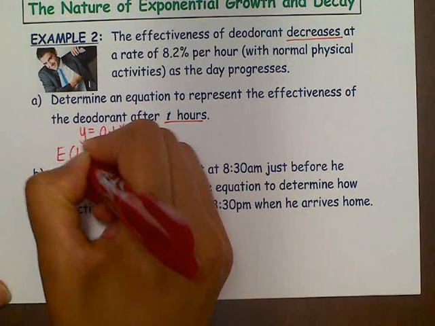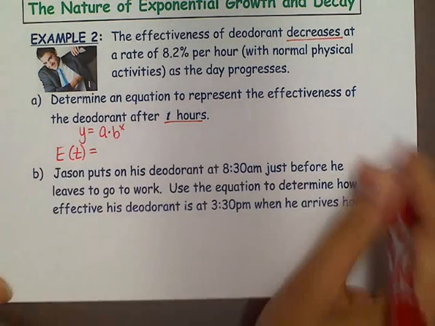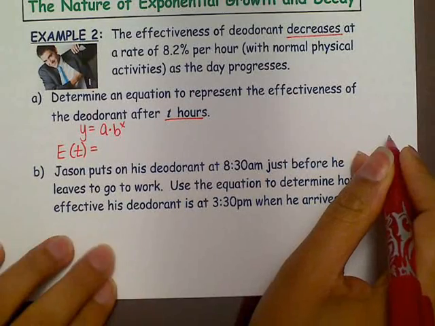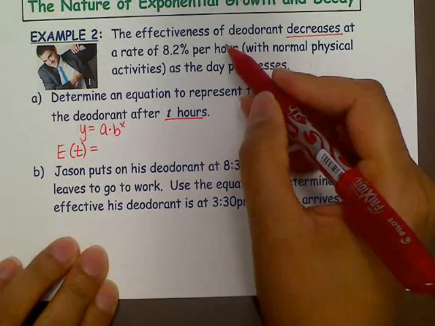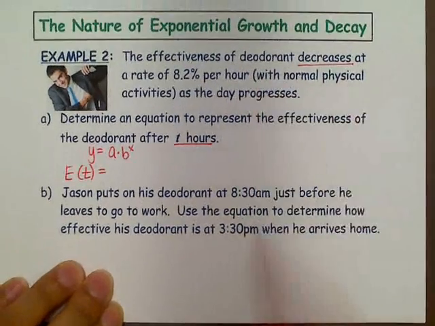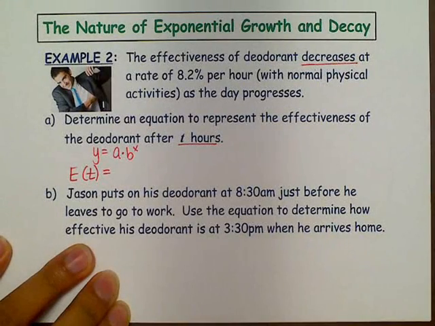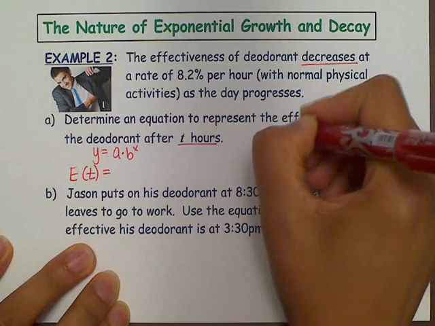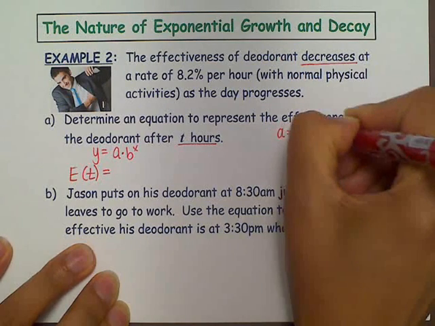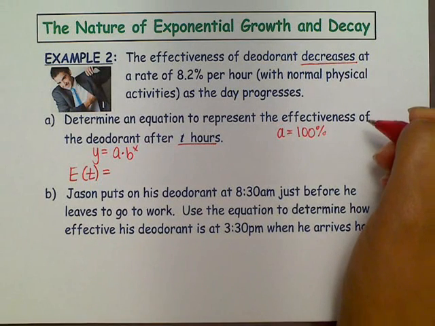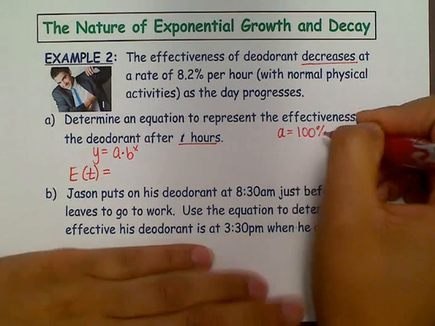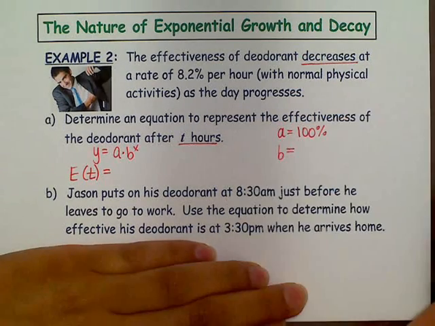So because I'm looking at the effectiveness of deodorant, I'll start by using E of t. So the effectiveness over time is equal to. Now your initial amount is not given in this case, but because you're looking at deodorant, normally as soon as you put deodorant on, it's 100% effective. So that tells me my A value is equal to 100%. It has to be 100% effective when you just put it on.